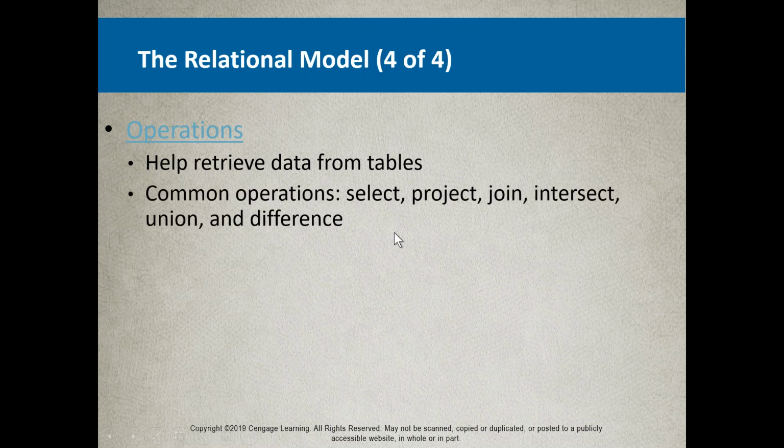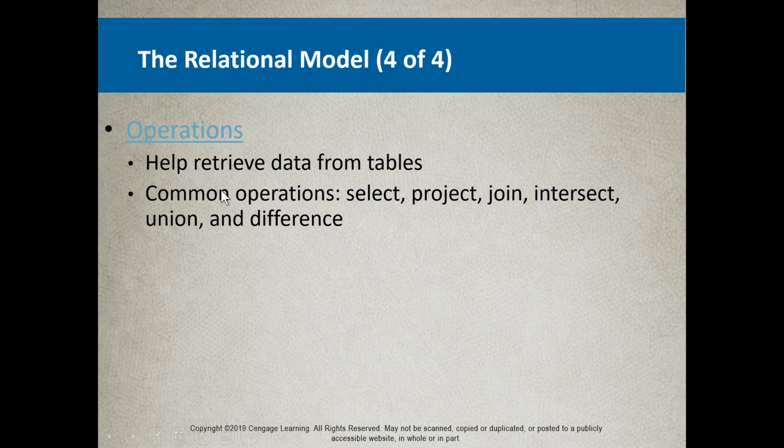The fourth slide of the relational model is operations. Operations help retrieve data from those tables. How do you retrieve data from tables? Well, there are some codes and commands, and if you're in the CSIS course and you're doing database level 1 and database 2 and SQL, you get into this in an extremely detailed amount on how to select tables, how to project or join together 2 separate tables to create a relationship, or where the intersection or union or differences are.